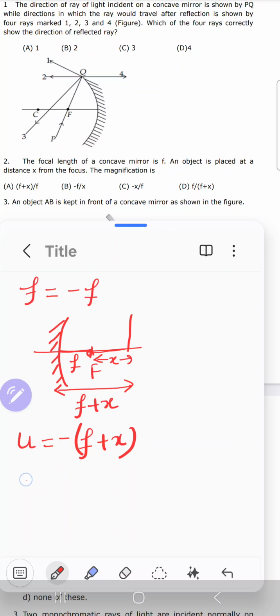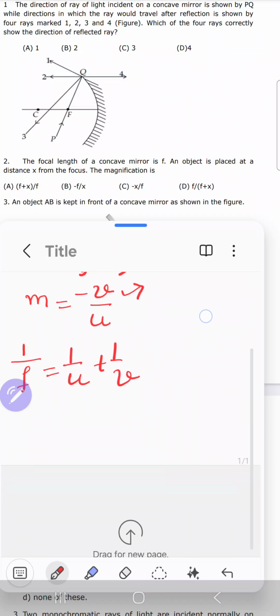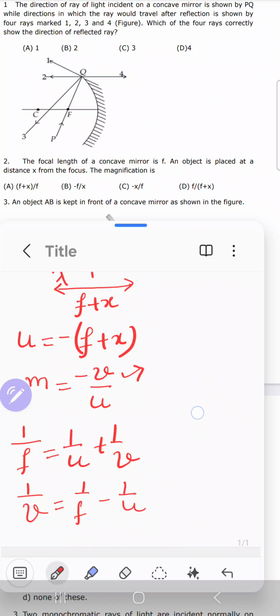Now we have to find out the magnification. The magnification formula is minus v over u. So u we have, but we need to find v here. Using the mirror formula we can find v. 1 over f is equal to 1 over u plus 1 over v, or we can write 1 over v is equal to 1 over f minus 1 by u.